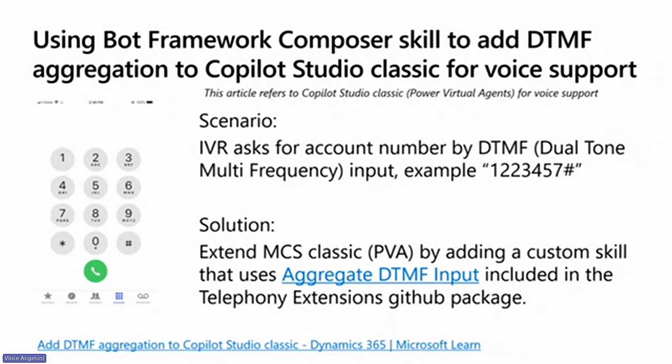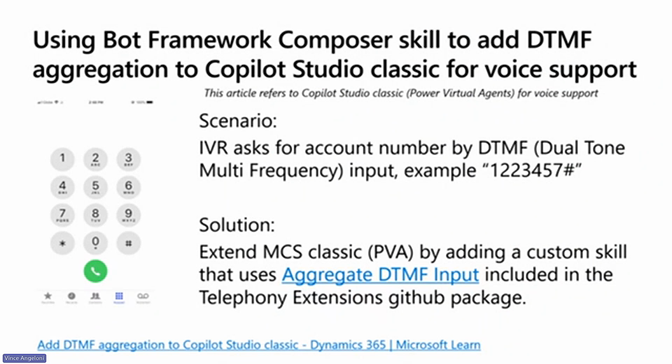Imagine, for example, the IVR asks the customer to dial the account number, 7 digits by phone pad, for example 1223457. In this case, using Power Virtual Agent PVA just reads the first digit only.